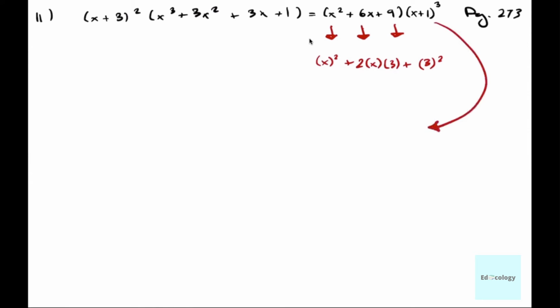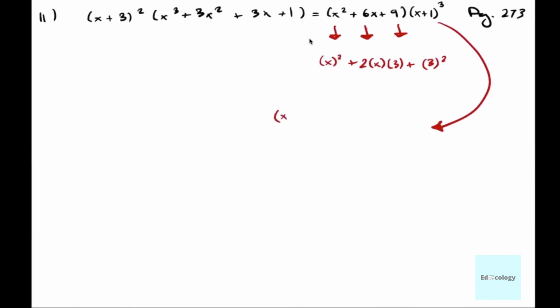And then we have to rewrite (x plus 1) cubed into (x plus 1)(x plus 1)(x plus 1), just the same as (x plus 1) squared times (x plus 1). And then we expand (x plus 1) squared into a squared plus 2ab plus b squared, which will be (x squared plus 2x plus 1) times (x plus 1).